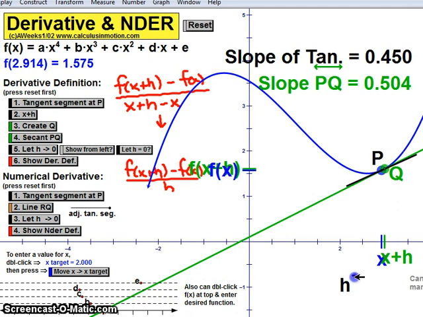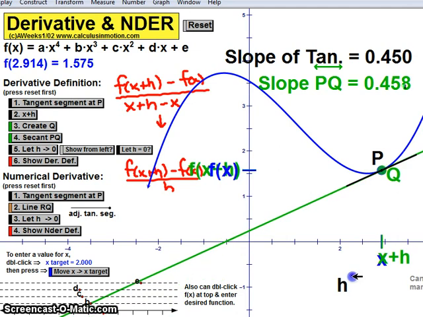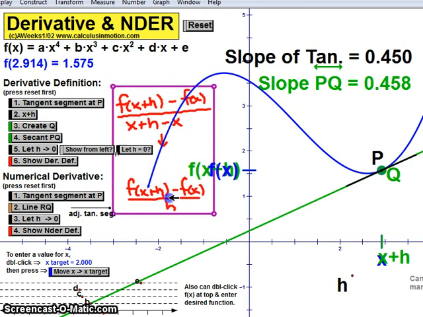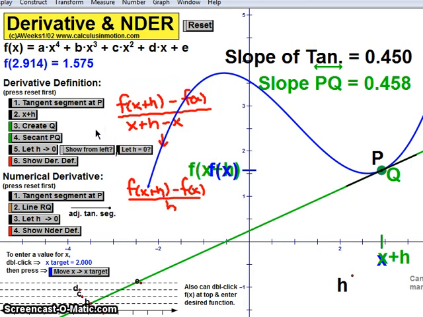Eventually we can put them right on top of each other, and the slopes are going to end up being the same thing if that distance between x and x plus h is 0. So if we move them so that x plus h and x are the same point, we're going to have the same secant line equaling the tangent line.